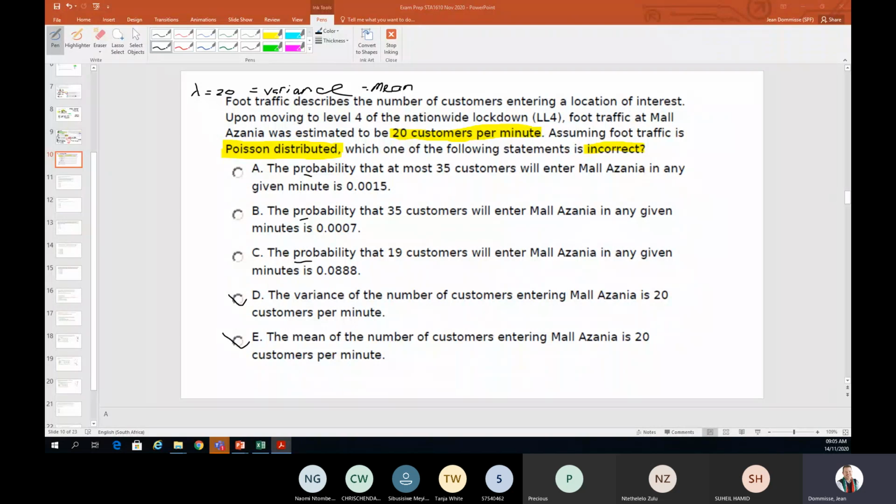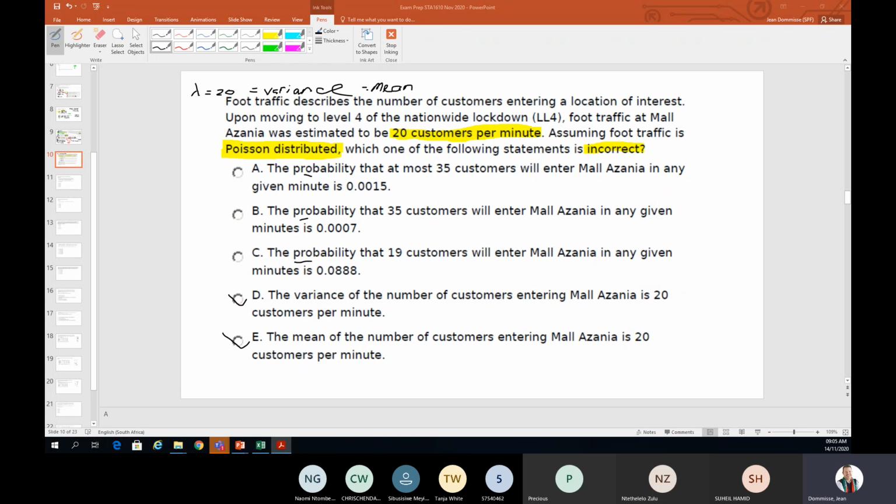Let me quickly copy my table out. It is for 20. Let's hope I've got one for 20. Okay.